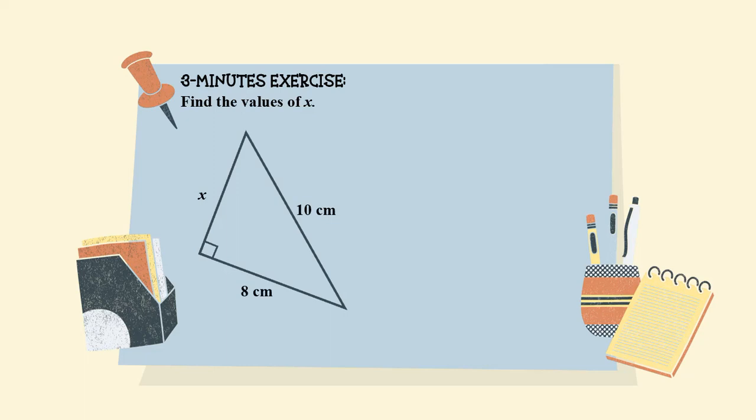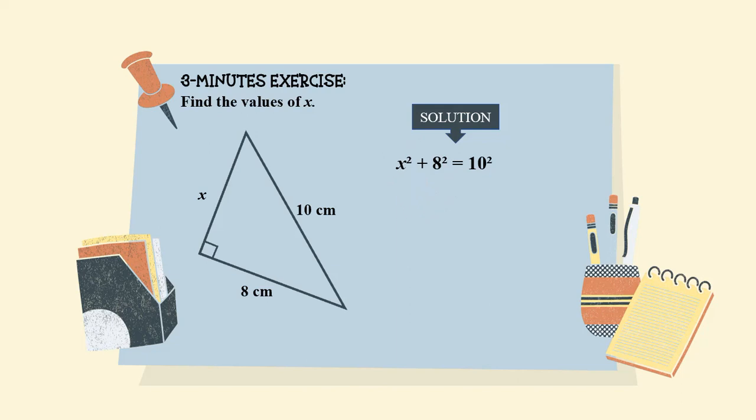Okay, this one is also the same. First, you look at which one is the hypotenuse. For this case, the hypotenuse, opposite to the right angle, is 10 cm. So 10 squared equals x squared plus 8 squared. I put x on the left side so that it's easy for us to calculate, because we want to find x.